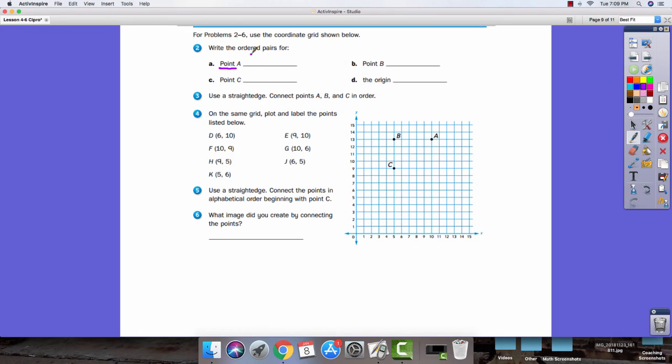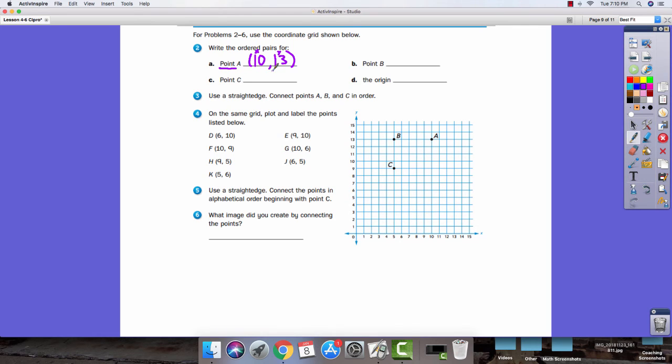The ordered pair needs to be in parentheses. So parenthesis 10, that's my x-coordinate, and then up, I had to go up 13. So (10, 13), because 13 is my y-coordinate, and then I enclose that in parentheses. So I go over 10, up 13. Make sure you have that written down in your journal.